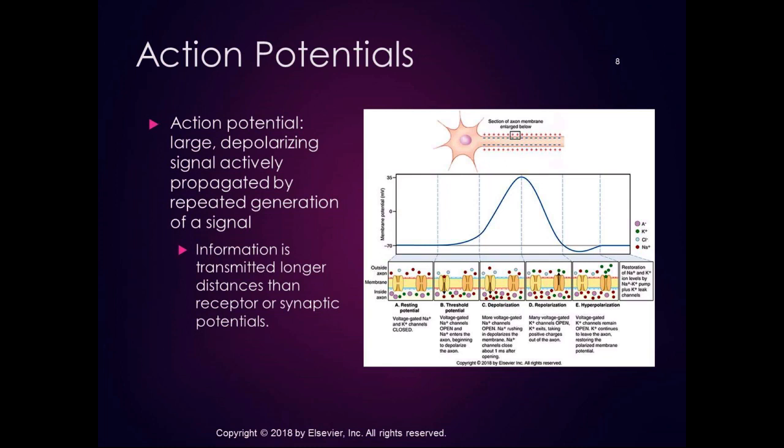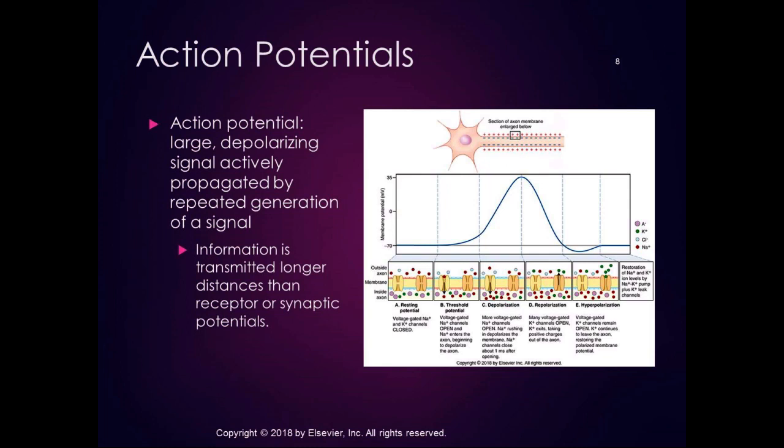So at resting potential, both sodium and potassium voltage-gated channels are closed. When you reach a threshold potential, enough to generate an action potential, the voltage-gated sodium channels open and sodium enters the axon, beginning to depolarize it. So depolarizing it, we're making it less negative than it was before.